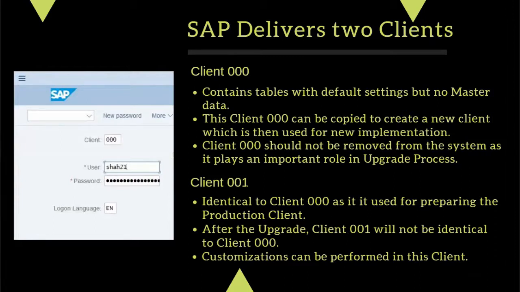Coming to client 001, this client is very much identical to client 000, as usually client 001 is used for preparing the production client. Once the upgrade has happened from client 001, client 000 and client 001 will never look identical.